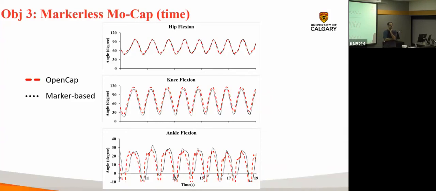Anyone else on this line? Can I just follow up on that? For example, one way I think to check: you scale the model, right? You did the scaling process. Yeah, for marker-based. So after you scale the model, even visually you can see if the knee or the ankle were realistic to the truth.